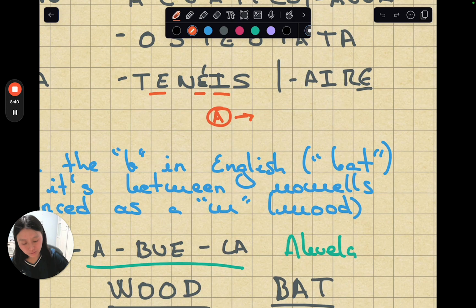Another word. Let's say, for example, aire. Air. Okay? Aire. Why? Because it's an A, I, and then E. Aire. Alright? Again, go vowel by vowel.